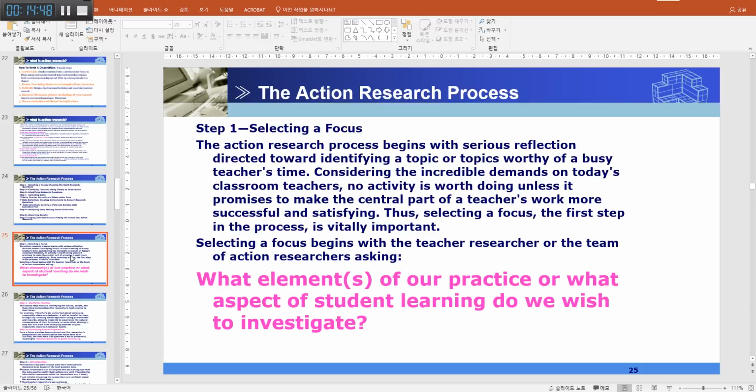So it could be, what element of my practice or what aspect of my student learning do I wish to inquire about? Do I wish to investigate? It's kind of selecting an action research topic or selecting a research question to solve.